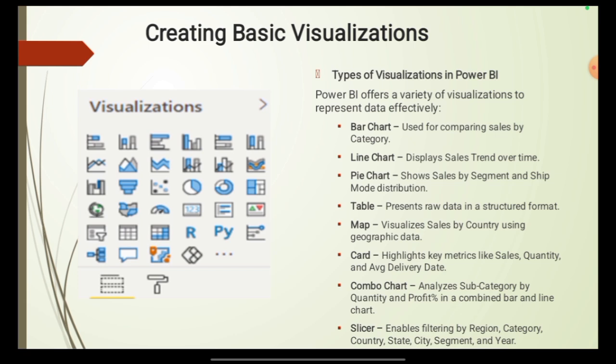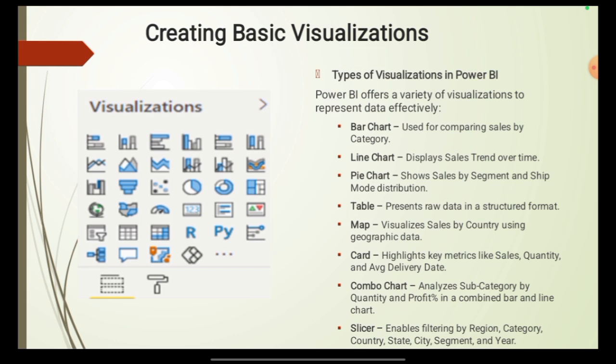over the displayed data. The provided image shows the visualizations pane in Power BI, which includes various chart and visualization options. These icons represent different types of visualizations like bar charts, line charts, pie charts, combo charts, maps, tables, and cards.